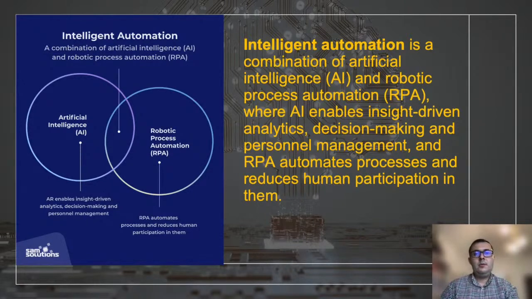Basically, in this combination, artificial intelligence enables insight-driven analytics, decision-making, as well as personnel management, which is a very important aspect, while robotic process automation, as the name implies, automates processes and reduces human participation in them. So it's a very important combination of these two complex concepts, artificial intelligence and robotic process automation.